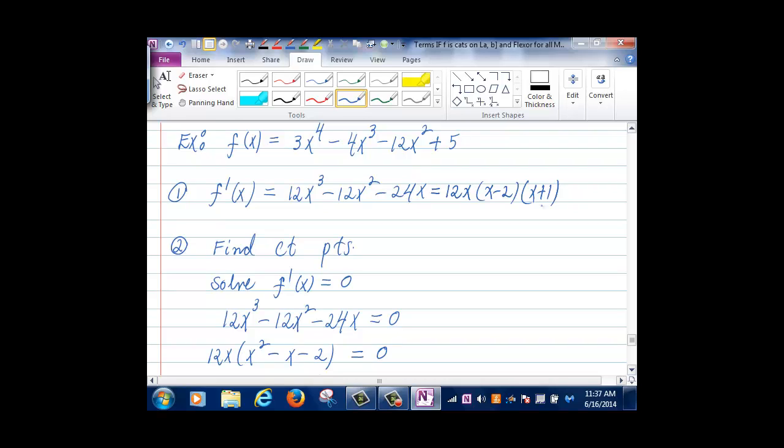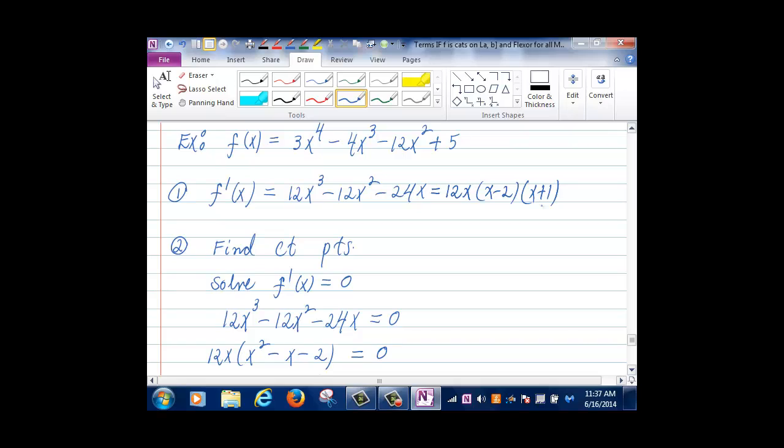Now you tell me, look at this derivative. Can you tell me what's the sign of this derivative when x is to the left of -1? When x is less than -1, is this derivative positive or negative? Okay, let's decide.